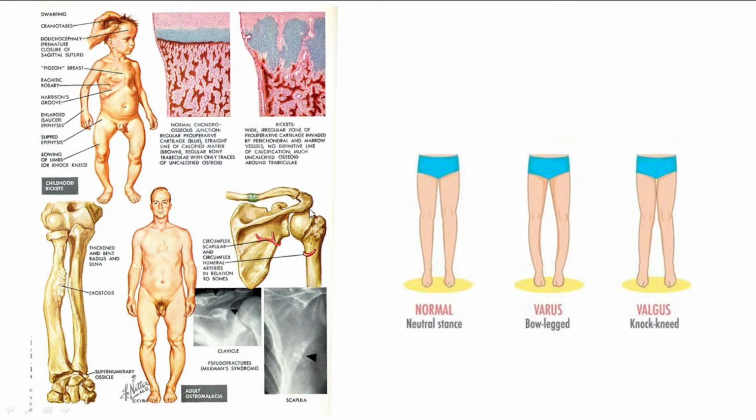We have variation because this is a growing skeleton, and they have deformation of enchondral tissue. That's why you should understand that it's not the same as adult osteomalacia symptoms.